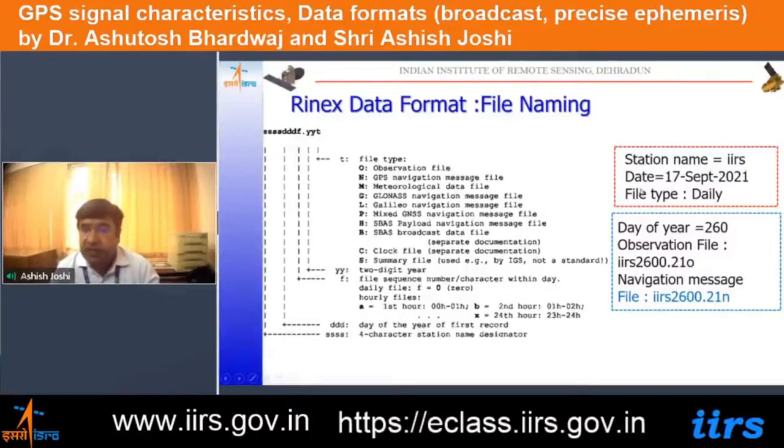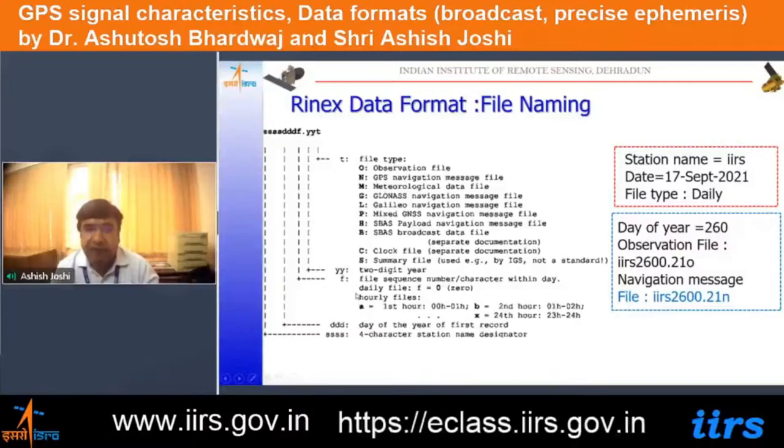If today's date is 17 September 2021, we convert this date into the day of the year, which comes to around 260. So the first 4 are the station name, then another 3 characters contain the day of the year, 260.